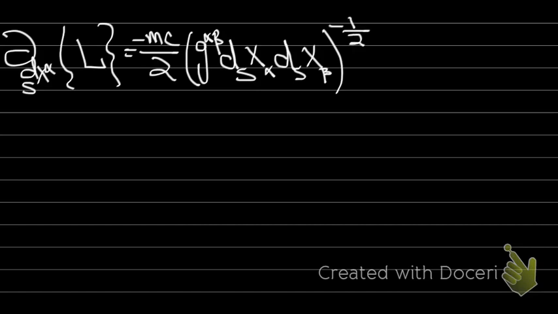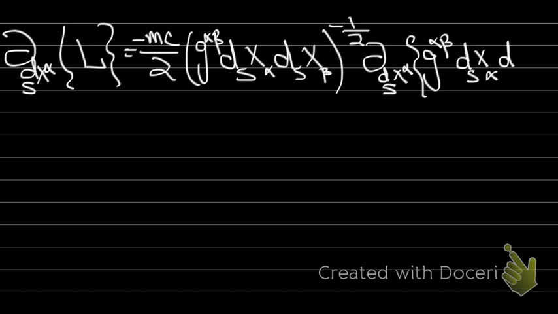We are just taking the derivative, right? And so the next term would be the partial derivative with respect to the derivative with respect to s of x alpha of this thing, and that is g alpha beta, derivative with respect to s of x alpha, derivative with respect to s of x beta.